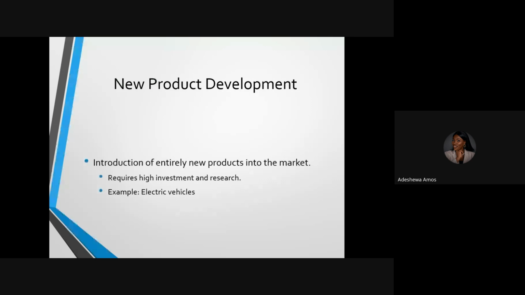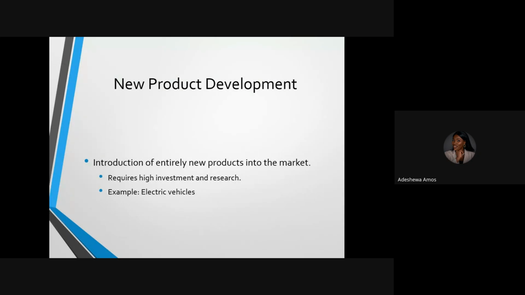And now, what goes into new product development? It requires high investment and research. If I want to bring something interesting to the market, it means that I need to undergo a lot of research. And we all know, we are all business people, that research is very expensive because you have to get what the customers are saying, know exactly what the problem is before you start working on the research.